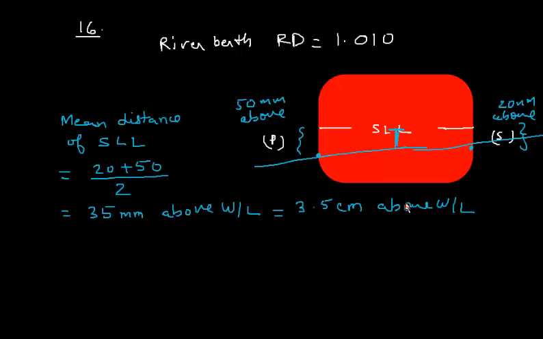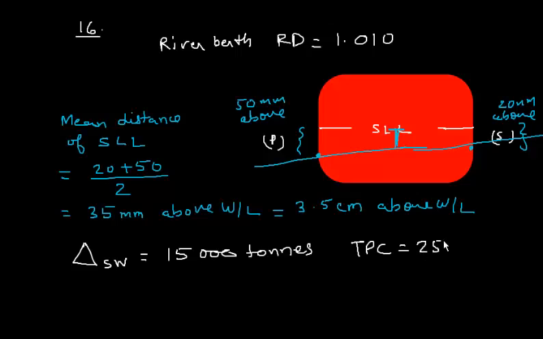So find how much cargo she can load to bring her to a summer load line in salt water, if her summer displacement in salt water is given, which is 15,000 tons, and the TPC is given, which is 25.